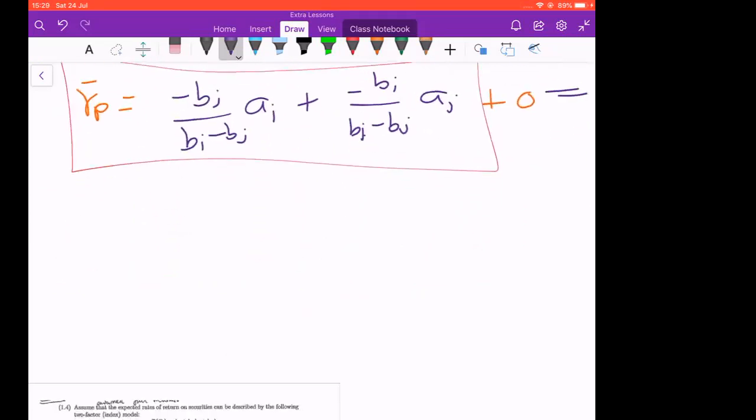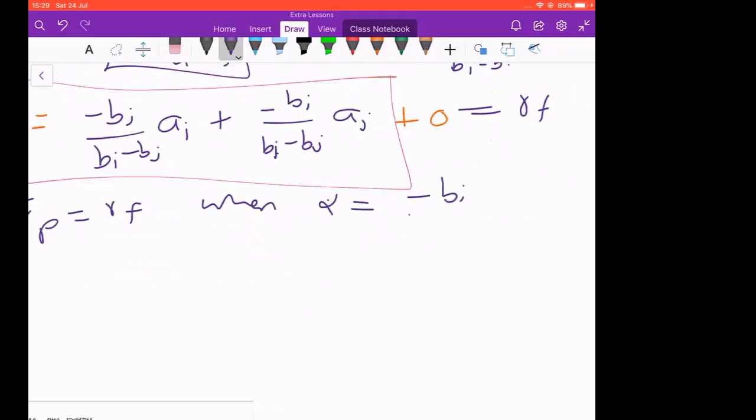So you have found your risk-free rate now. So your RP is going to be equal to RF when the weight of I is going to be equal to minus BJ over BI minus BJ. So in some questions, they can try to simplify this. So that's fine.